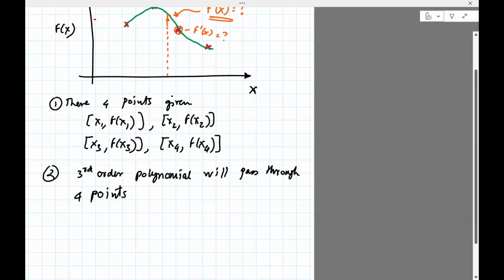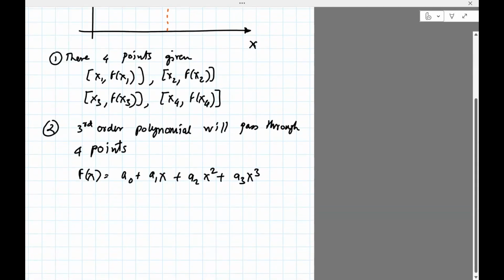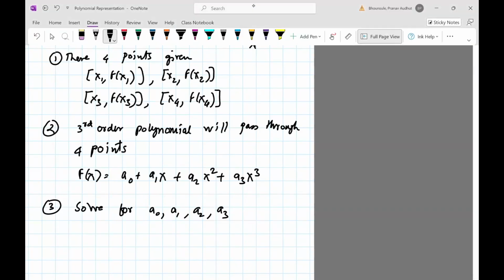Okay, what does that polynomial look like? Well, it's approximating f of x. So f of x is a0 plus a1x plus a2x square plus a3x cube. So you see that there is a polynomial with 4 unknowns, a0, a1, a2, and a3. Now we solve for a0, a1, a2, a3, and we call this equation 1.